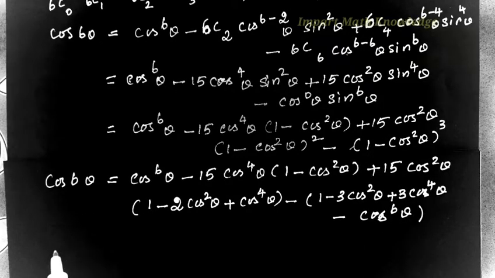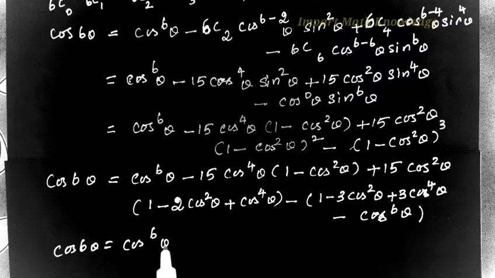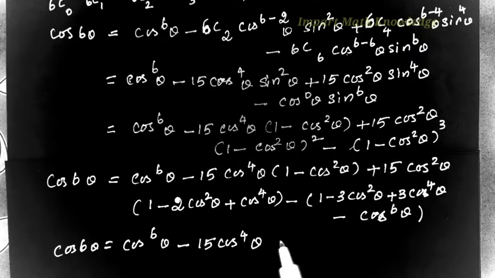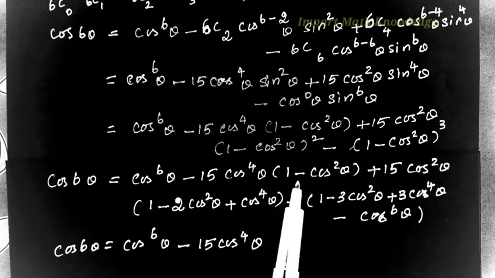So this can be written as cos 6 theta is equal to cos power 6 theta minus 15 cos power 4 theta inside. So 15 cos power 4 theta, minus into minus, plus.